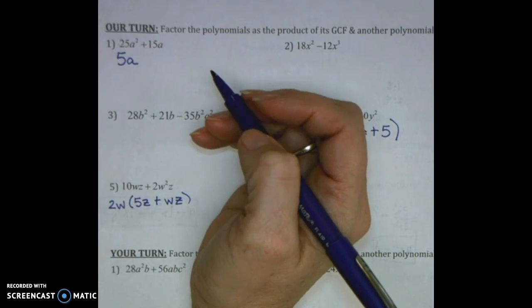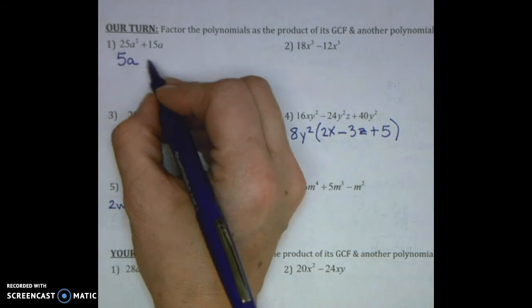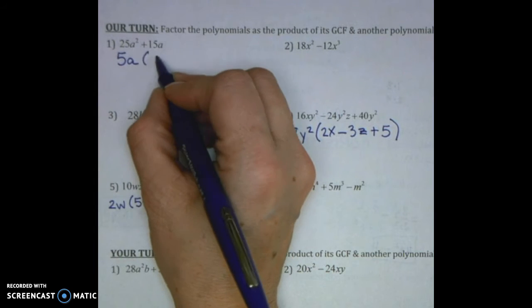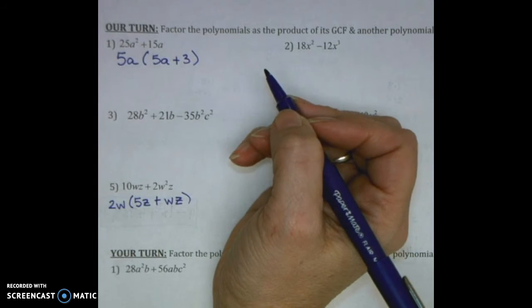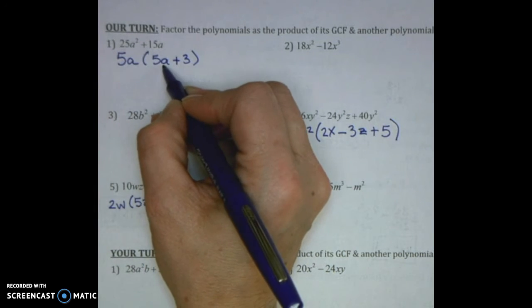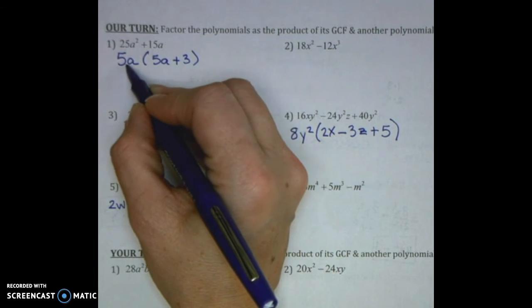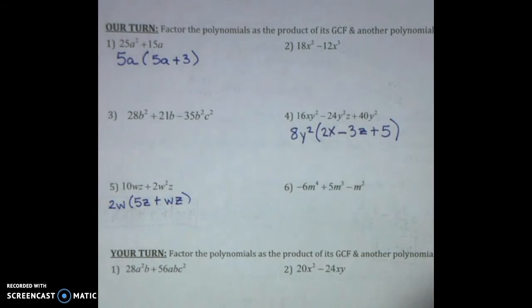That's why I'm just doing just a to the first power. So if I take 5a out of here, my answers inside are 5a plus 3. That's because 5a goes into 25a squared 5a times. 5a goes into 15a 3 times.